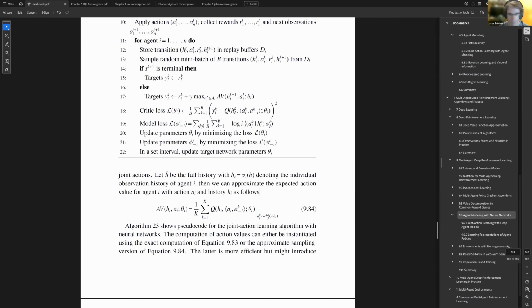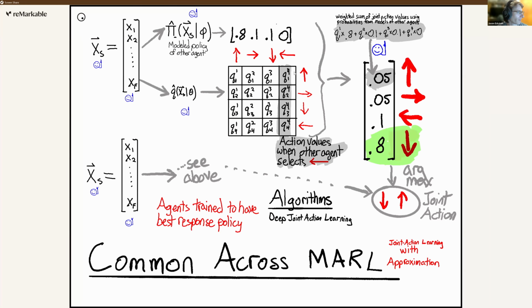That's what I'm showing here: instead of outputting all of these at once, it's just going to output the one column of values conditioned on this input, which is one here because there's only one other agent. But imagine there were a lot of other agents, then you would just have a collection of the actions of the other agents.